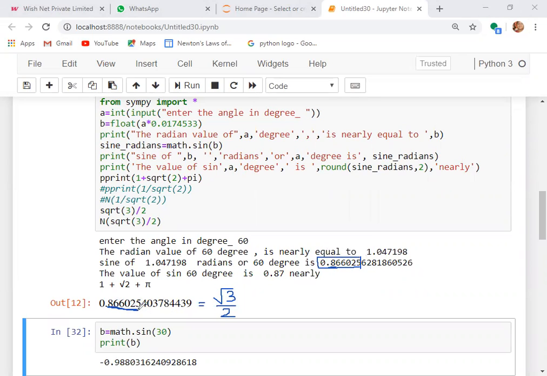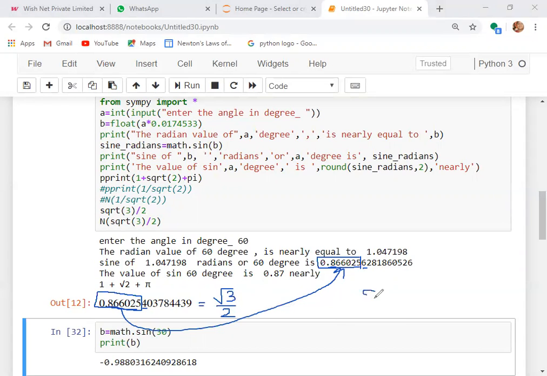They are equal up to this level of digits. After that there will be a difference. This is 4, this is 4, this is 6. So up to 6 places of decimal, they are matched.